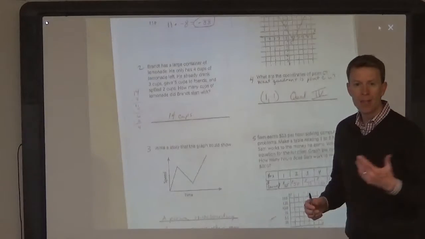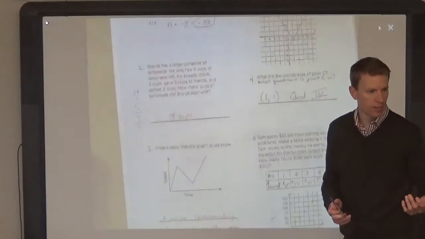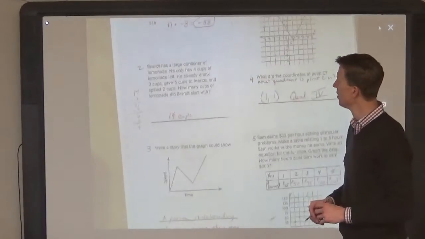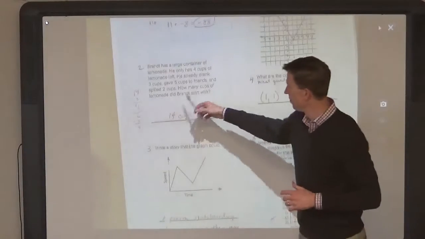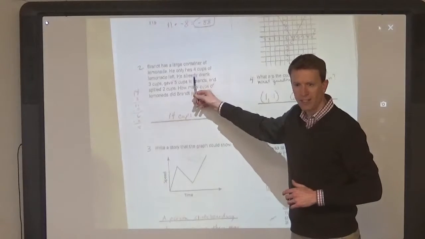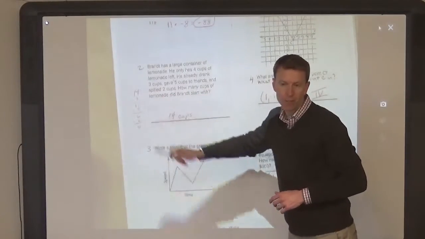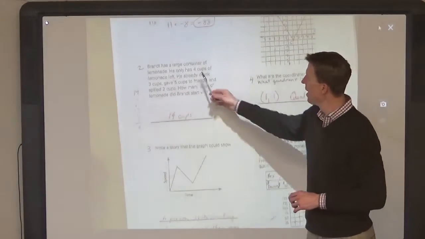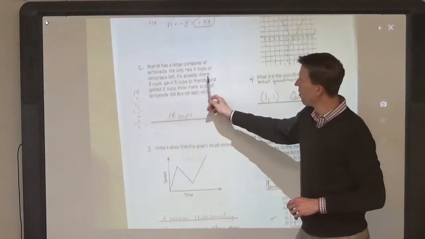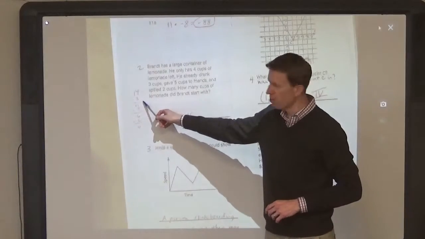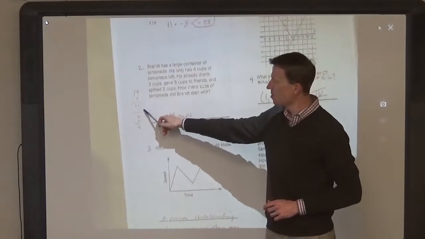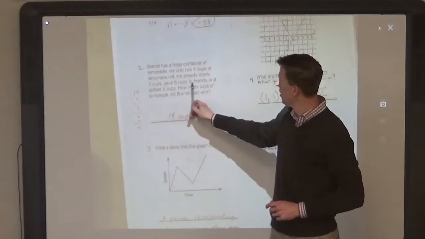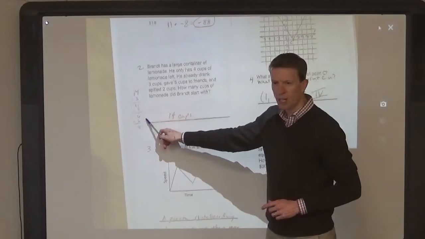Alright? Another method you could use is guess and check. You could start with a number. Just start with a number like 12, 20, or 14, for example, and then work through the problem. He already drank 3 cups, so minus 3. He gave 5 cups to friends, so minus 5. And spilled 2 cups.